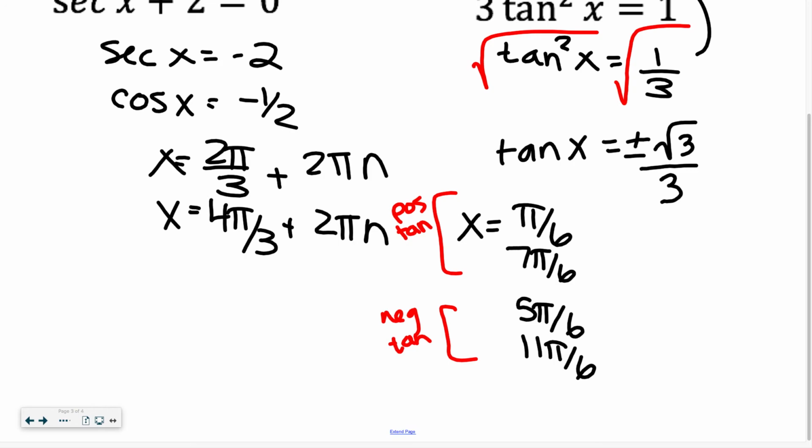Okay, technically there are coterminal angles, right? So plus 2 pi n if you're thinking about that. But I also grouped them on purpose for a reason. Think about pi over 6 and 7 pi over 6 on the coordinate plane.